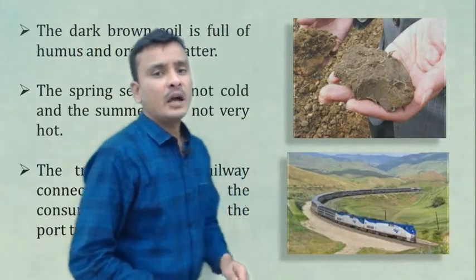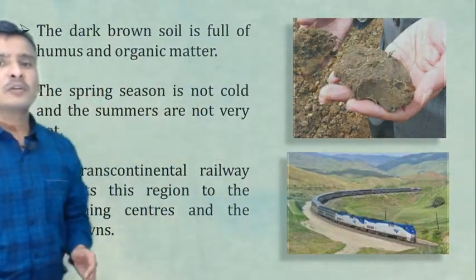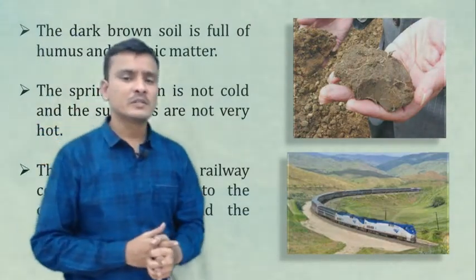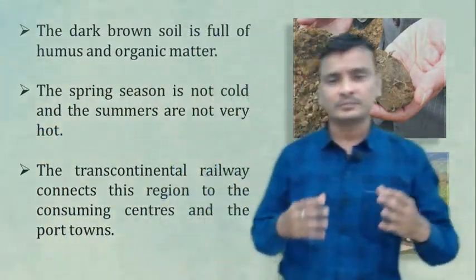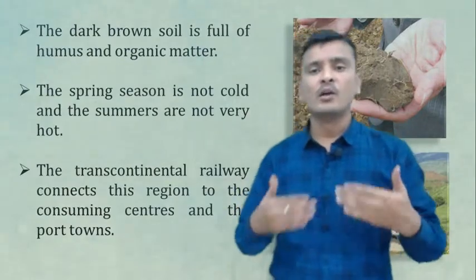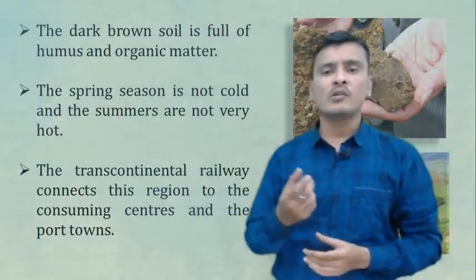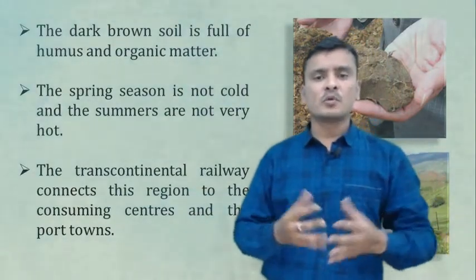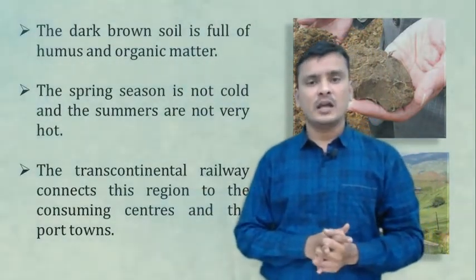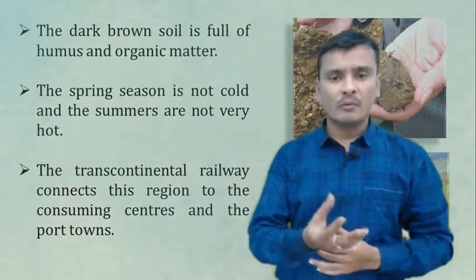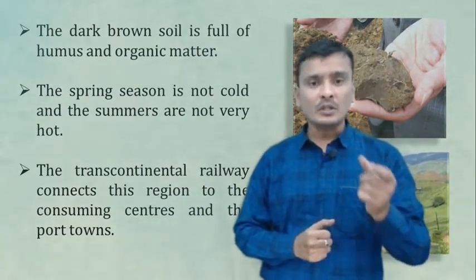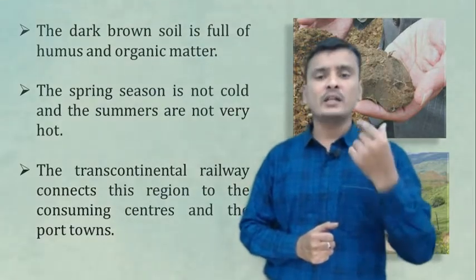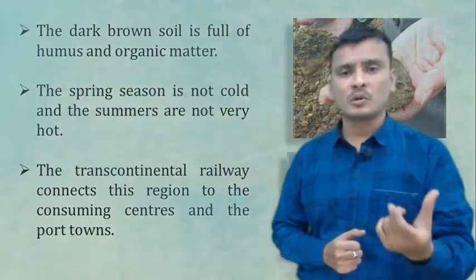Then see here, there are other reasons. The dark brown soil is full of humus and organic matter. Humus means the soil where we find the remains of plants or animals. So this humus provides a lot of minerals and other important organic matter to the crop. That's why this soil again is more suitable for the growth of the crop.